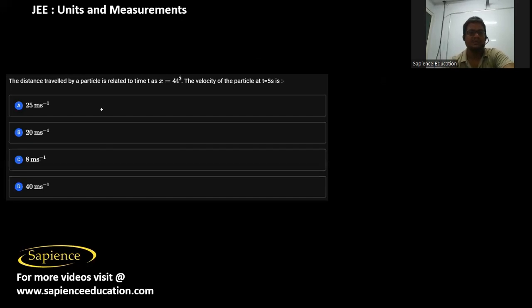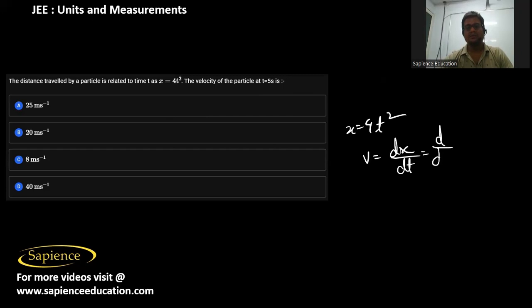Then here it is told the distance traveled by a particle is related to time t as x equal to 4t square. Then the velocity of the particle at t equal to 5 seconds is. So velocity will be equal to dx by dt, that will be equal to d by dt of 4t square.